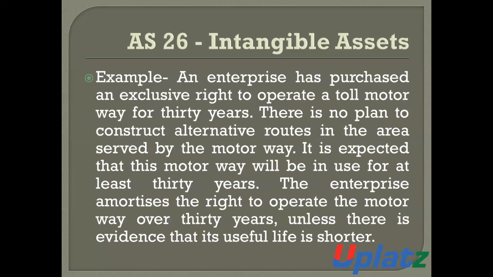For example, an enterprise has purchased an exclusive right to operate a toll motorway for 30 years. There is no plan to construct alternative routes in the area which is served by the motorway. Then it is expected that this motorway will be used for at least 30 years.